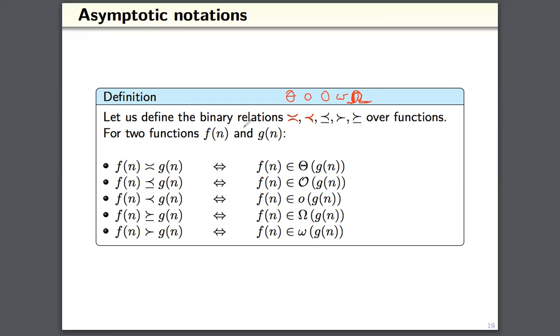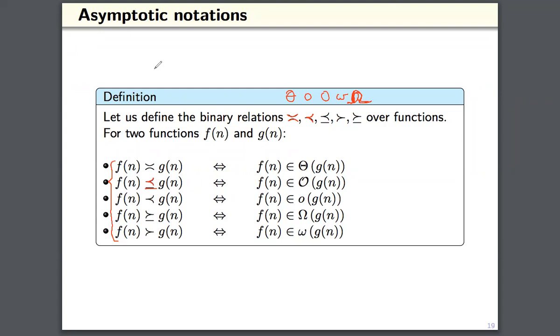Make sense? So for two functions, we write f of n is asymptotically equal to g of n if and only if f of n belongs to theta of g of n. We write it as asymptotically less than or equal to g of n if it belongs to O of g of n. I like these notations.